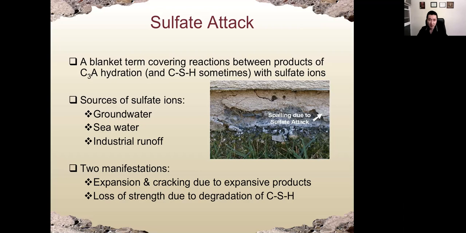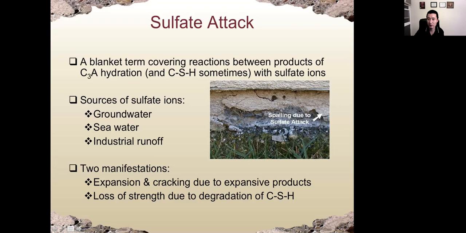Actually, sulfate attack is a blanket term covering different types of reaction between sulfate and the products of C3A hydration, such as monosulfate aluminate and ettringite. Sometimes CSH could also be affected, depending on the type of sulfate ions. As we can see from this picture, this is spalling due to sulfate attack.